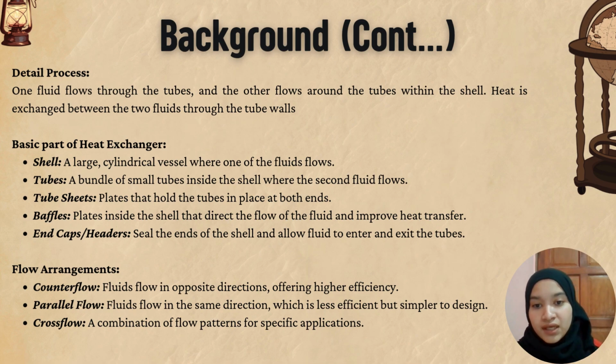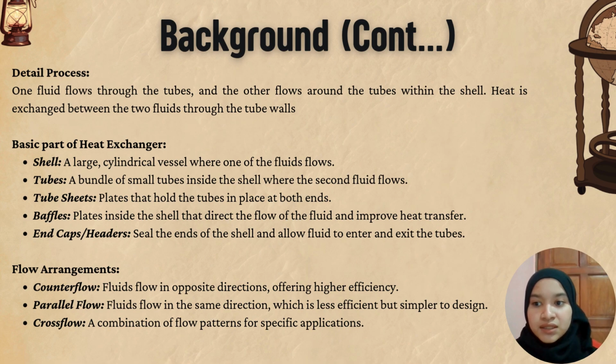In the first slide that I explained, there is the blue fluid, fluid one, and fluid two which is orange. Fluid one will flow in the tube while fluid two will flow in the tank. So the process happens in the tube wall.